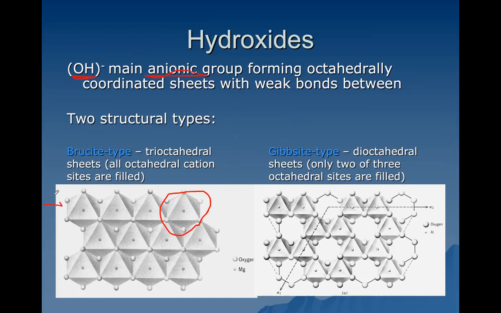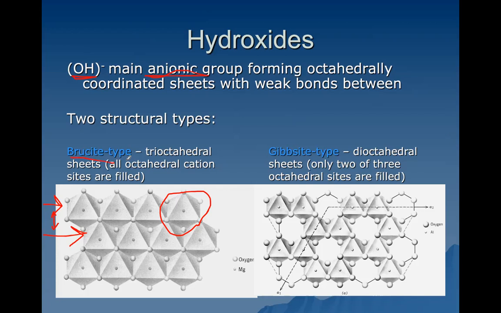So you have sheets of these octahedrons. This is one sheet, okay? And this is another octahedral sheet. They are connected together as coordinated sheets. In between, you have van der Waals forces, which are not very strong. So here you have two types.